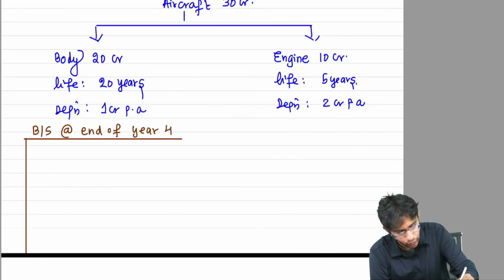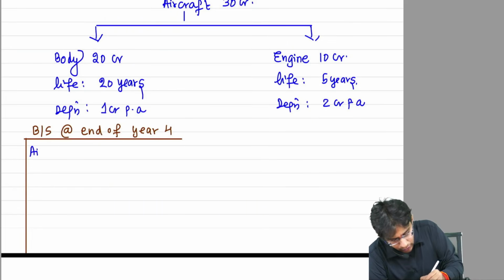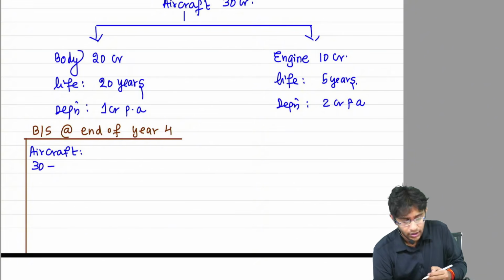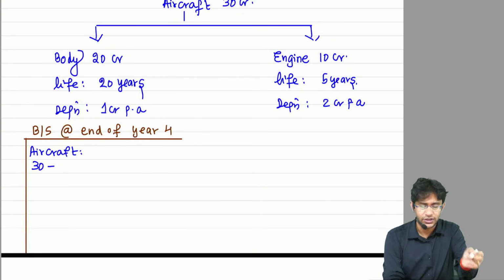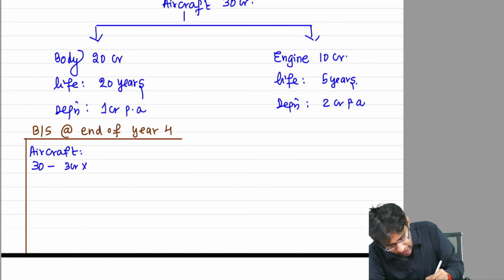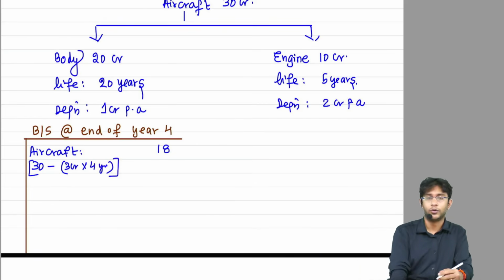At the end of year 4, my aircraft will appear at what value? See guys, 30 crore is the cost. Every year, 1 crore depreciation plus 2 crores depreciation, total 3 crores depreciation. Like that, 4 years are over, no? So if I charge 12 crore depreciation, the aircraft will be appearing at 18 crores.